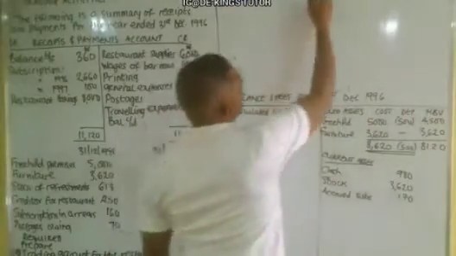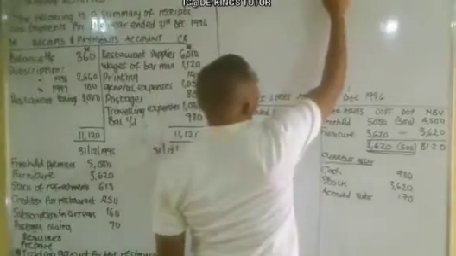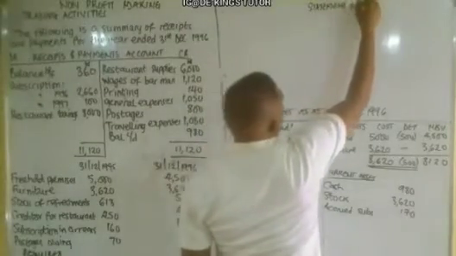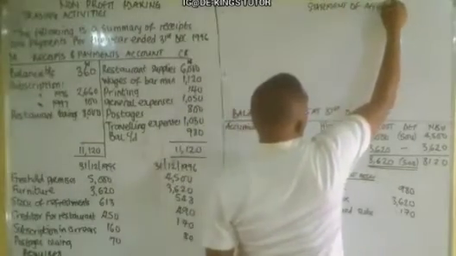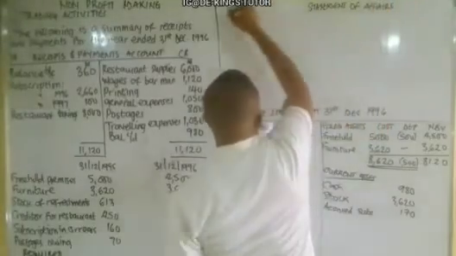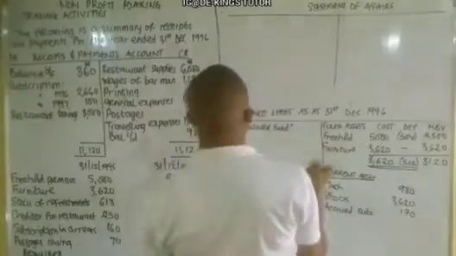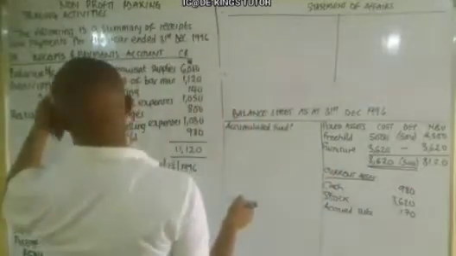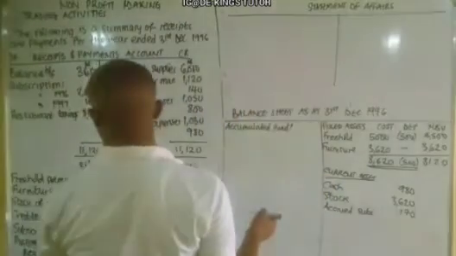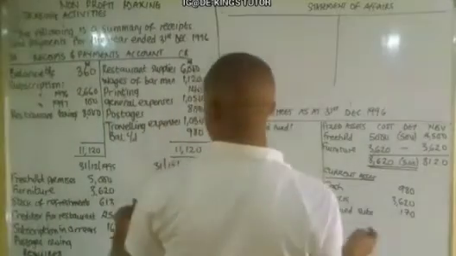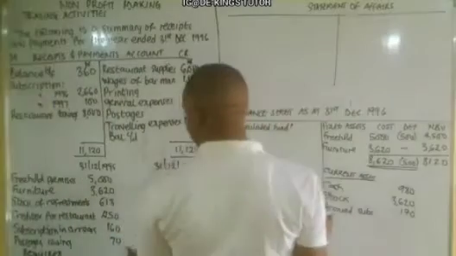Fund is to prepare statement of affairs. Statement of affairs using items at the beginning only. So we'll have statement of affairs. The first one, we'll use only items at this point.